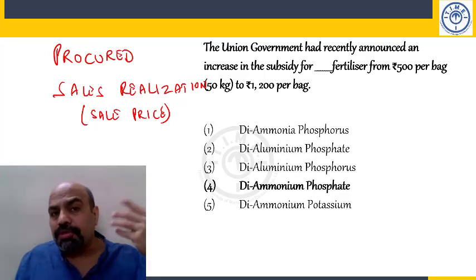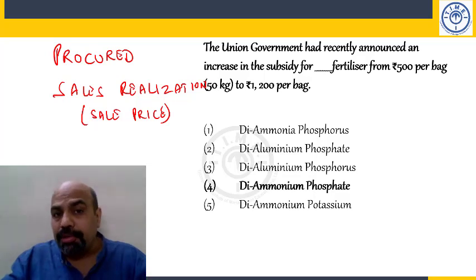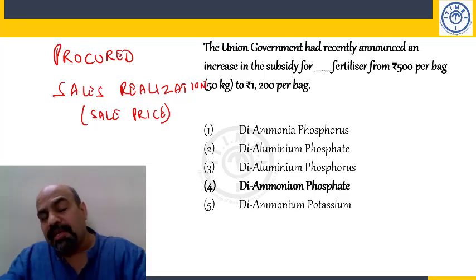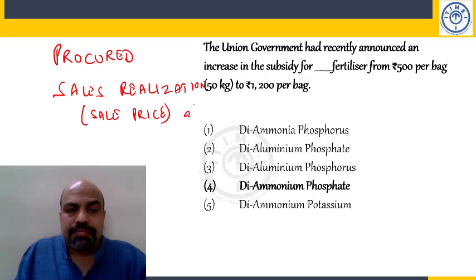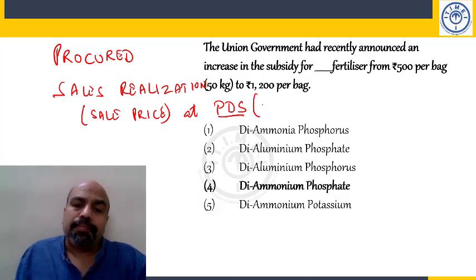Difference between the economic cost of food grains procured by the central government and their sales realization at the PDS rate. PDS, Public Distribution System rate. Public Distribution System.